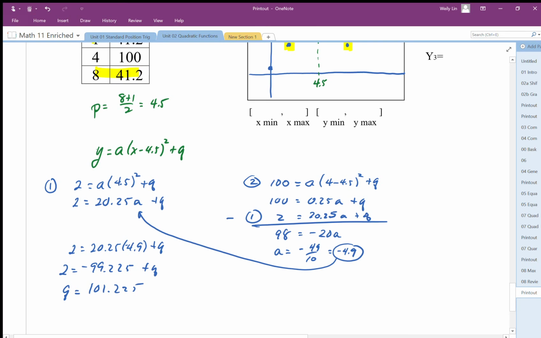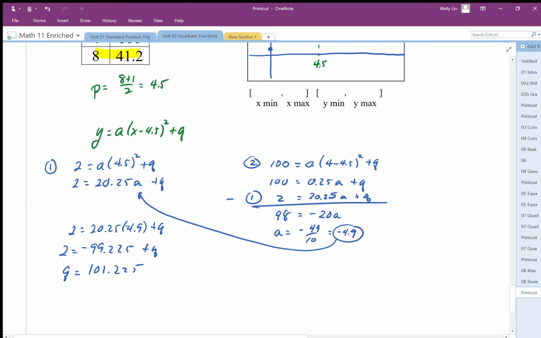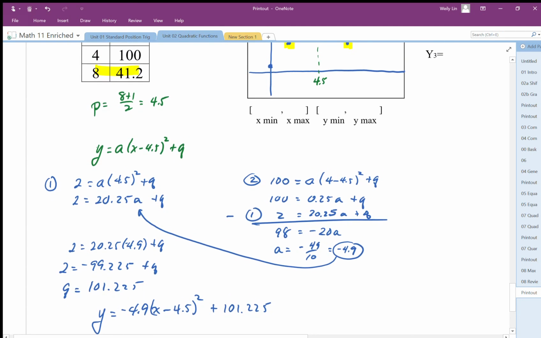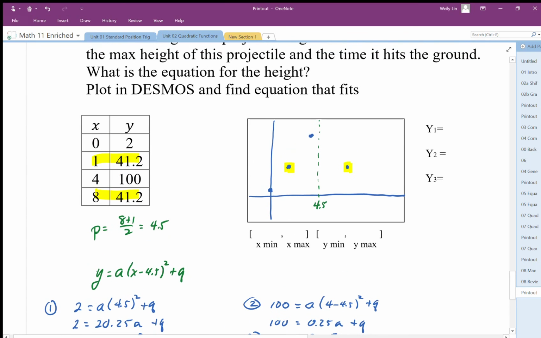And so we end up with the equation in graphing form: y equals negative 4.9 times (x minus 4.5) squared plus 101.225, and that's the maximum height of that equation.